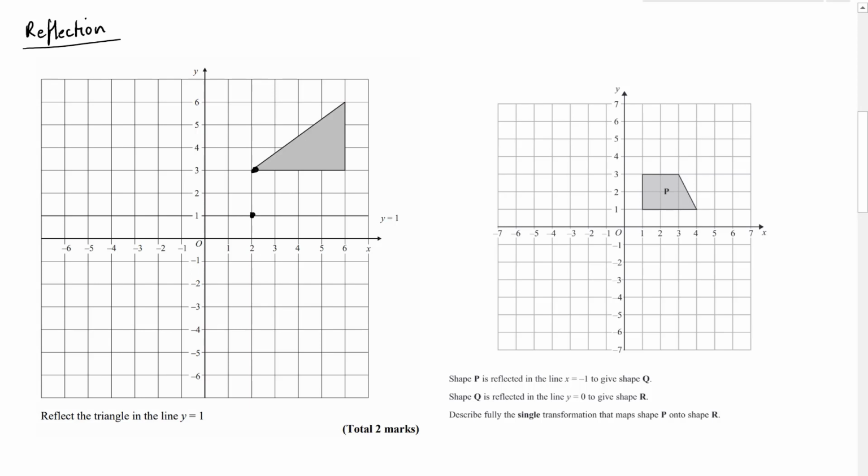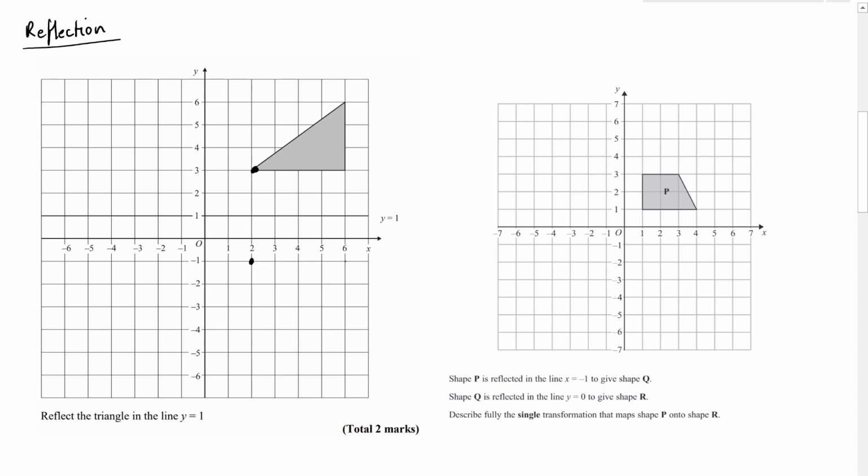This point here on the triangle is going to be reflected past this line, and so we're just going to make sure the distance from the line of reflection is the same. So here we've got 2 going up, so if we reflect it, it's basically going to jump down to here, and it has to be 2 down. So this point here is what's going to relate to that point there.